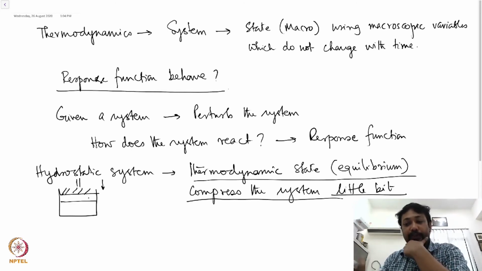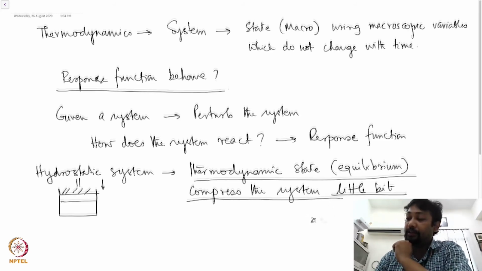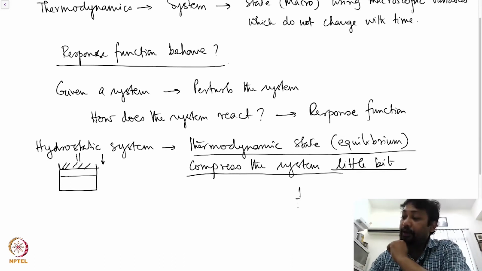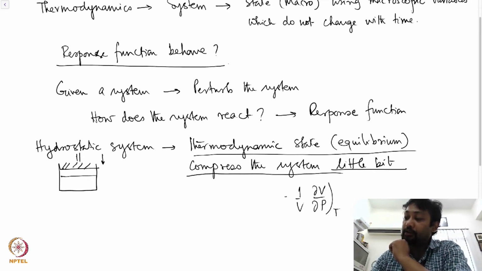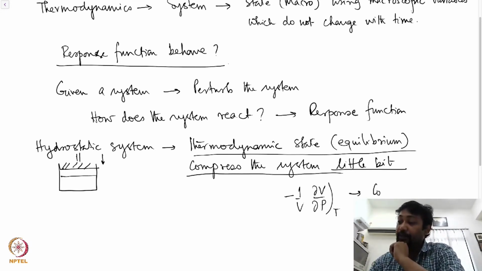That's what you observe, that the volume decreases. How do you know that? That effect is given by the quantity 1 by V del V del P at constant temperature, with a minus sign. I am holding the temperature of the system constant, that's why I have given the temperature constant. This is called the compressibility of the system.